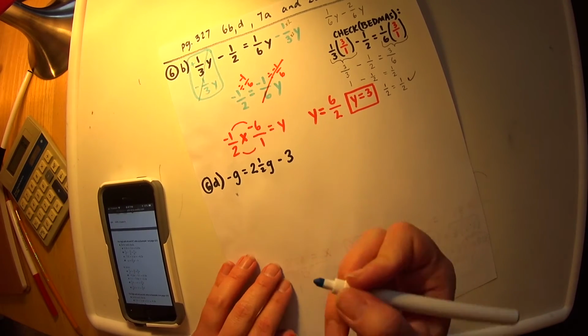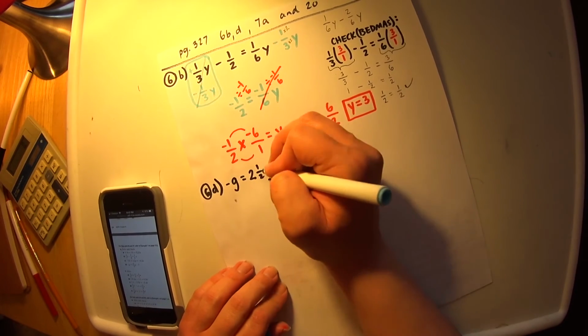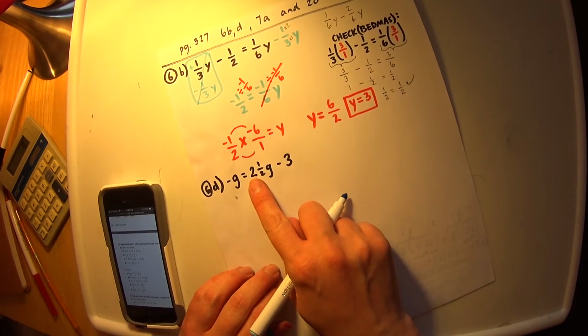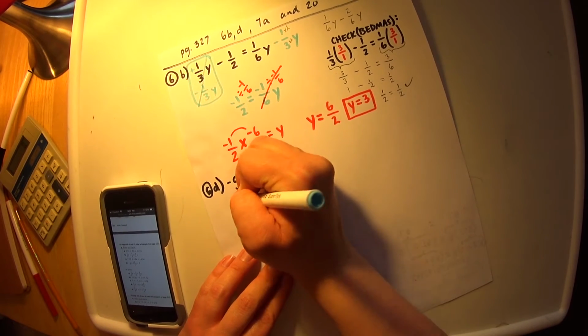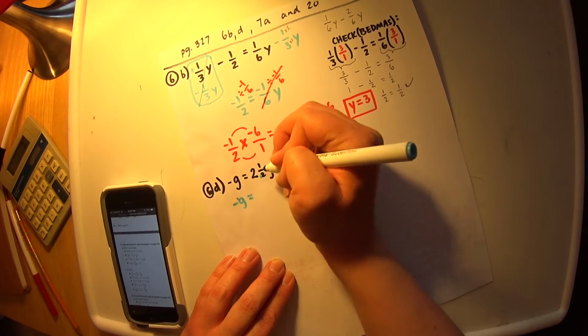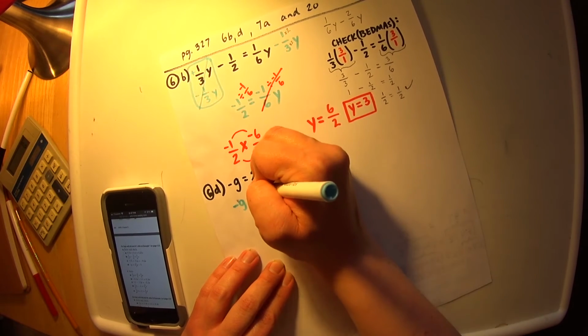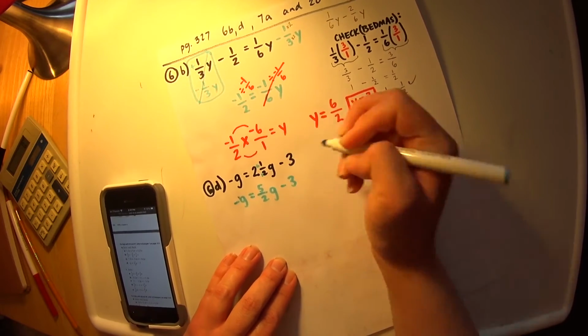We need to move them to the same side. Even before I do that, mixed number, I don't like that. Mixed numbers are very hard to work with, so change it to an improper fraction. 2 times 2 gives me 4, plus 1 gives me 5 over 2, G minus 3.